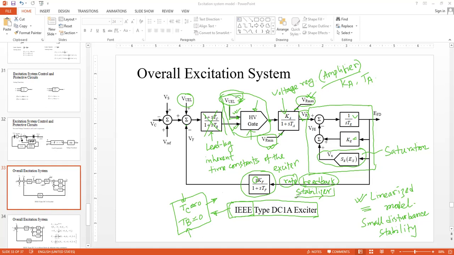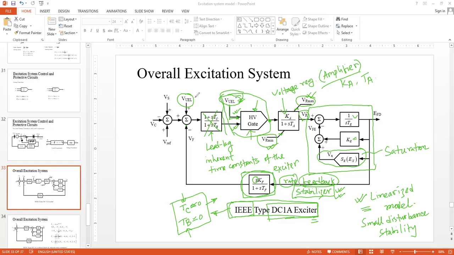And it's a stabilizer because, as we discussed earlier, without this, under open circuit or no load condition, the generator stability is hampered. That's why you introduced this block in the DC1A exciter specifically.